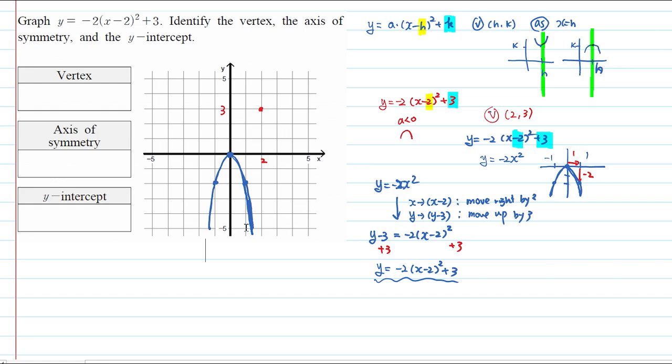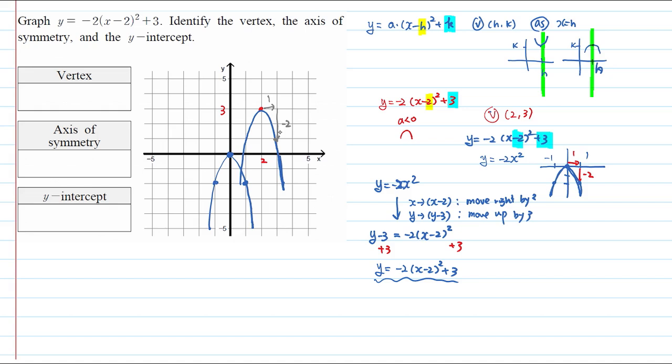Okay, so the graph moves to the what? Right by 2 and moves up by 3. So you notice that this value right here, you go to the right by 1, go down by 2. So it's not really slope here, but it's pretty much a similar idea. This will give you the adjacent point.